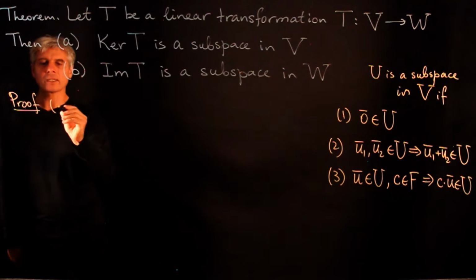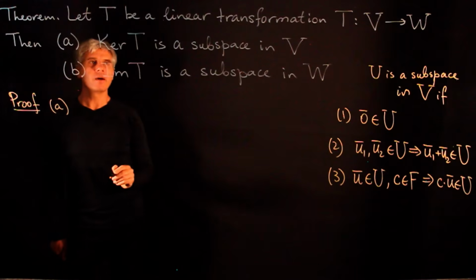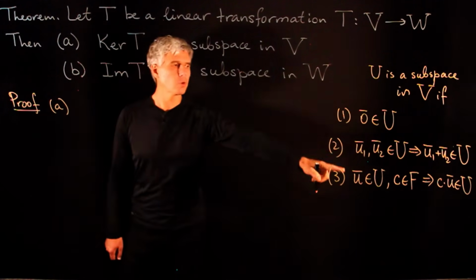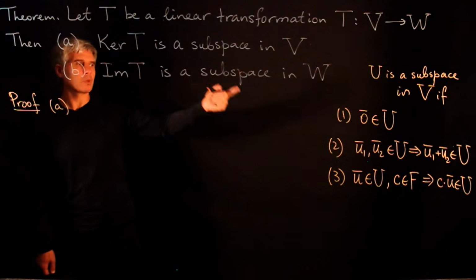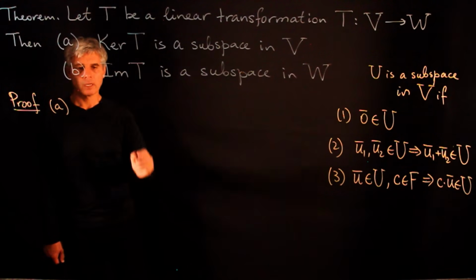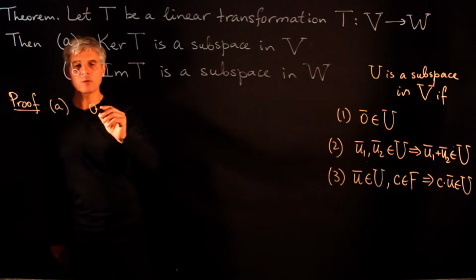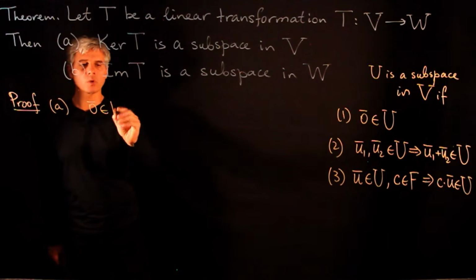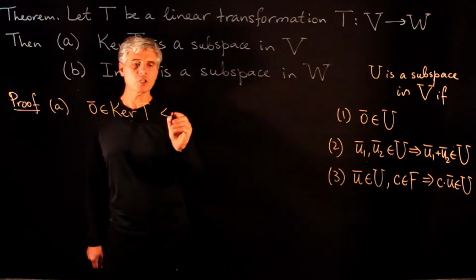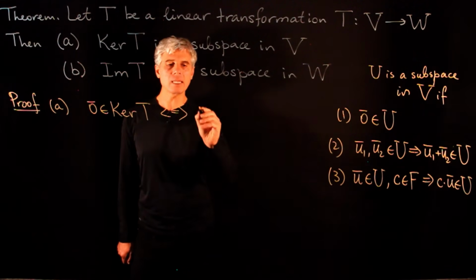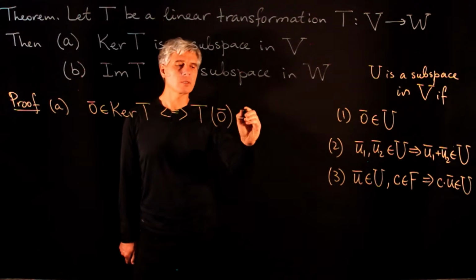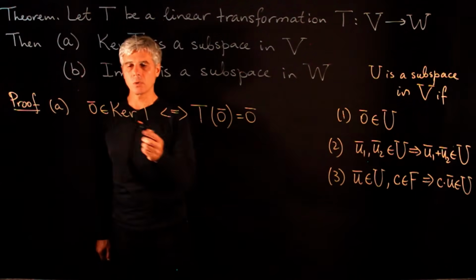Well, we start with part A. Now, we need to show these three things for the kernel. So we think of U as the kernel of T. What does it mean that the 0 vector belongs to the kernel of T? So by definition, this means that T transforms the 0 vector into the 0 vector, right?